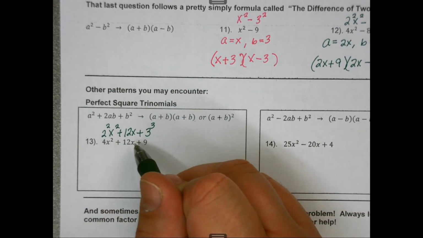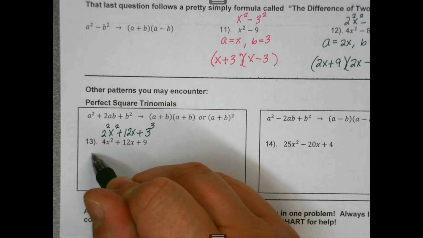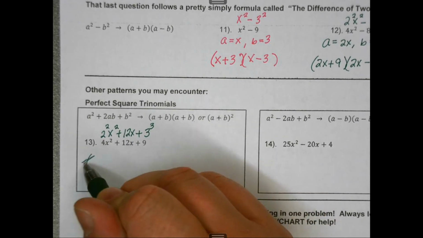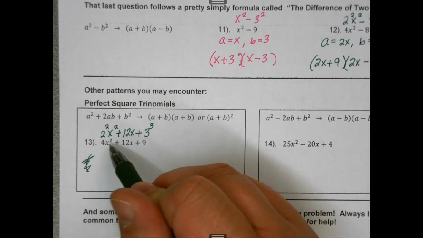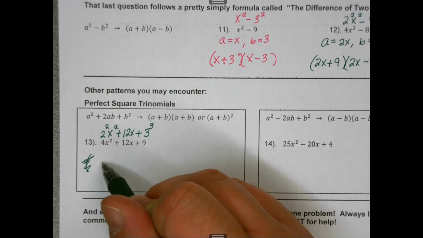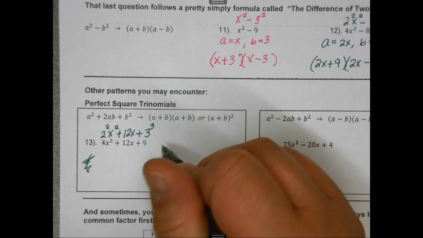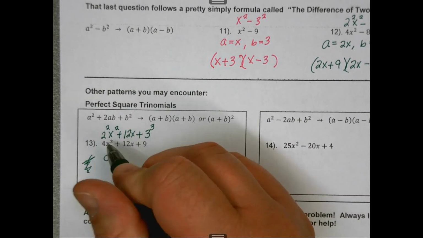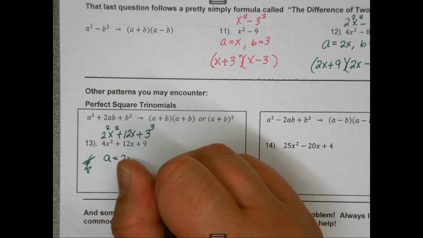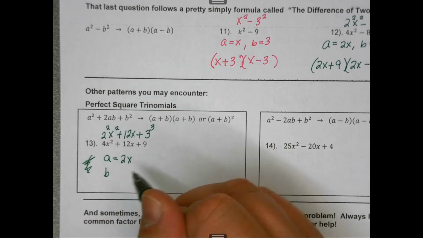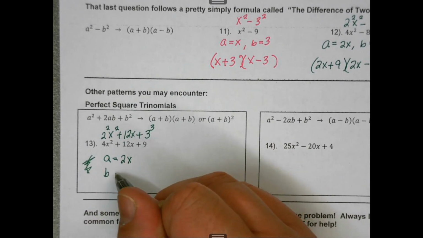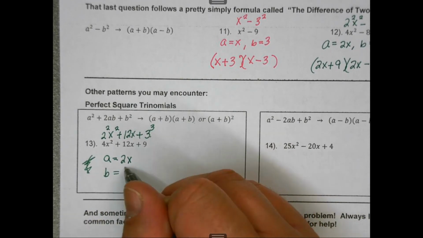This is actually perfect because that 12x happens to be, now I'm going to put my A over here. My A is the base 2x. My B is the base 3.